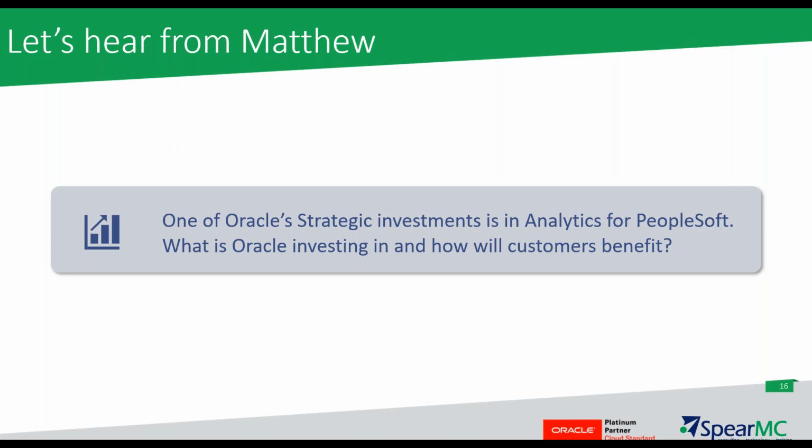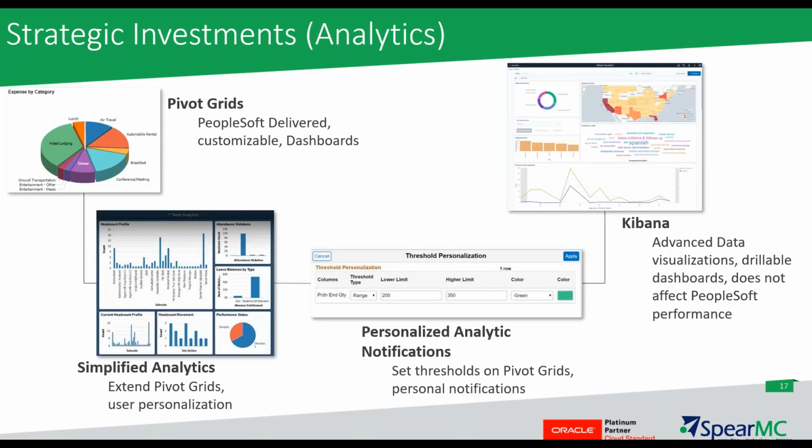Yeah, so PeopleSoft continues to support a lot of the different types of analytics that you're all familiar with, notably pivot grids and simplified analytics, the personalized analytic notifications and stuff. You've seen all of that probably if you've been to any of our presentations at conferences and webinars. Kibana is relatively new, particularly in the analytics side of things.